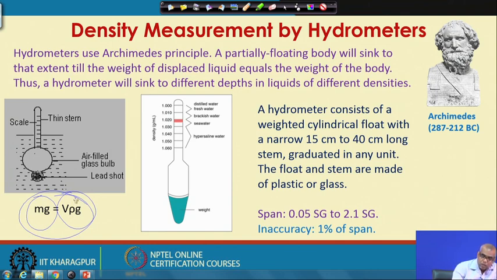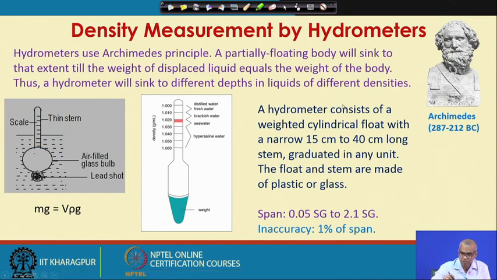So, if I put it into different liquid now, this has to sink to different depths. So, the scale that is attached to this stem can be used to indicate densities. The span that can be covered is 0.05 to 2.1 specific gravity.